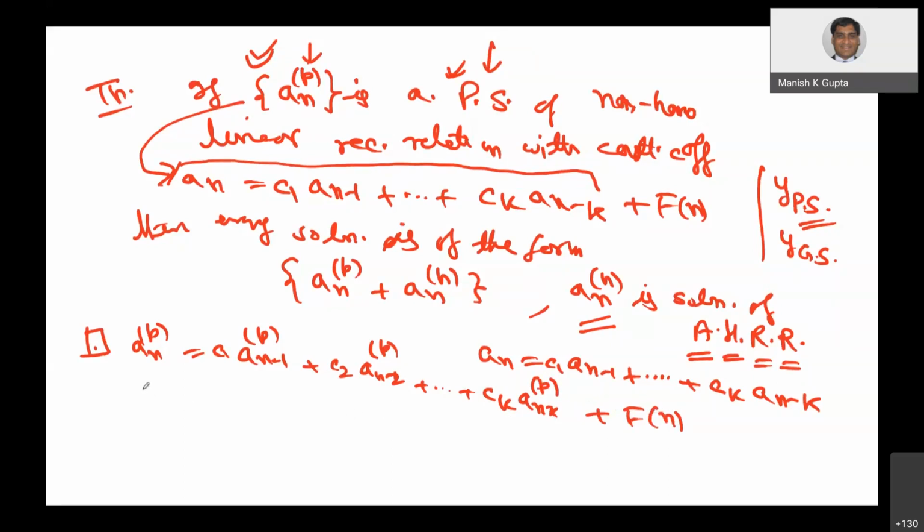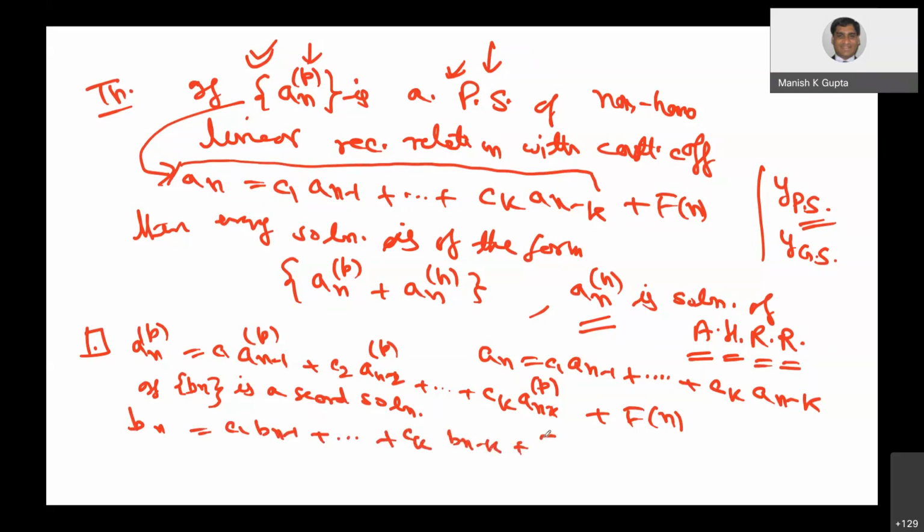If b_n is a second solution, then we can write down b_n is equal to c_1 b_{n-1} plus ... c_k b_{n-k} plus f(n).